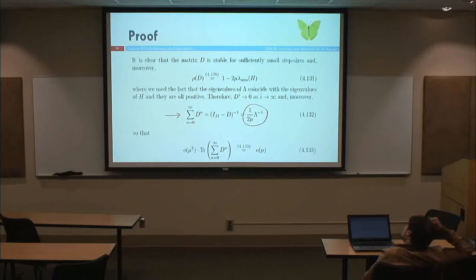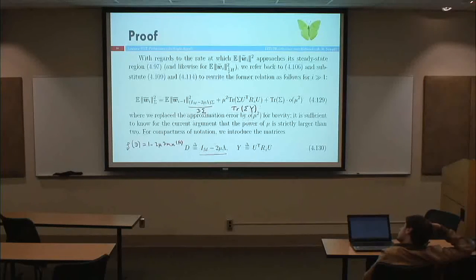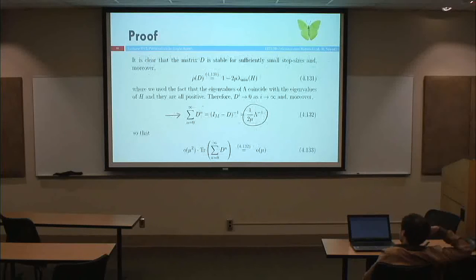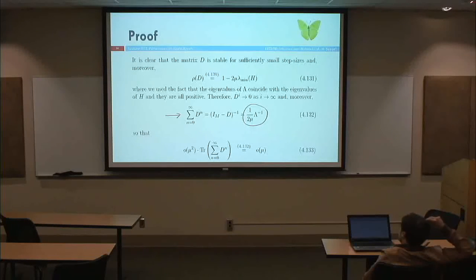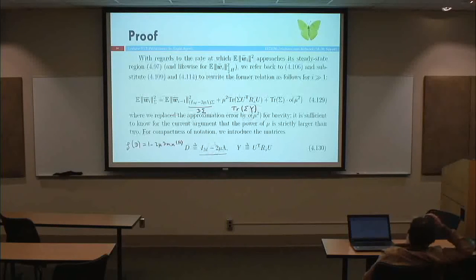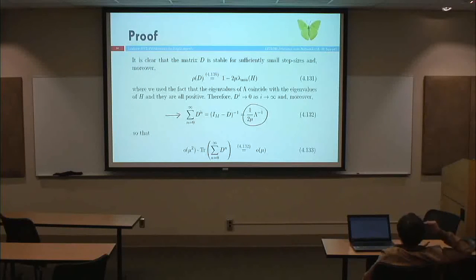Now, if you iterate this recursion, here I'm just stating properties of D which I'm going to use. When I iterate this recursion, powers of D will come up, and a series involving the sum of powers of D will come up.